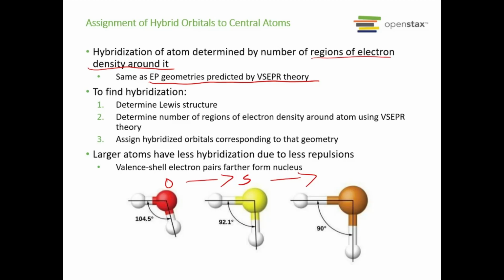So you have this bigger central atom, leading to a bigger overall angle. These electrons aren't having to be repulsed by each other as much because they have more space. So we have less hybridization as we go along. As you see, our third one has a 90-degree angle, like VSEPR theory and valence bond theory would predict. But oxygen and sulfur still have that hybridization, oxygen especially.